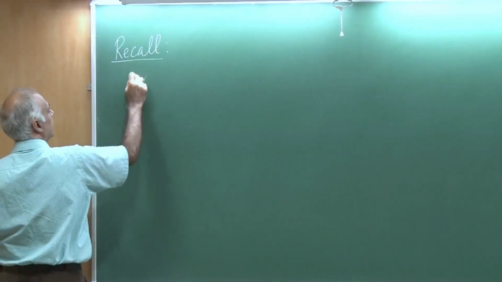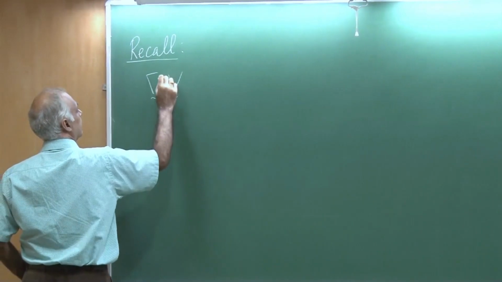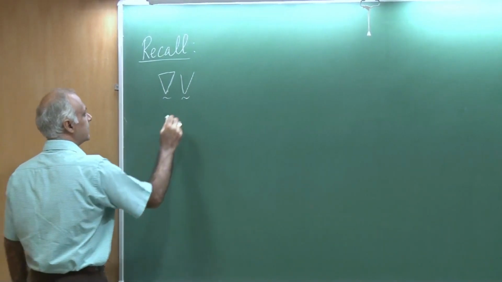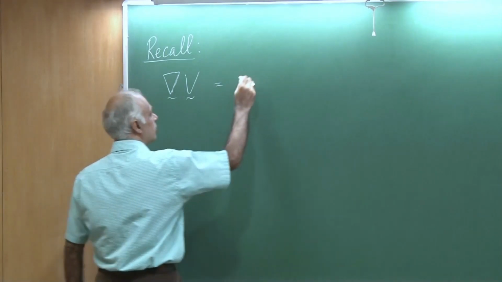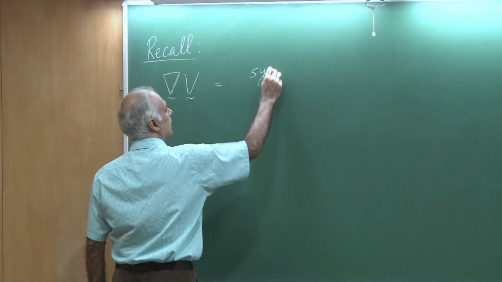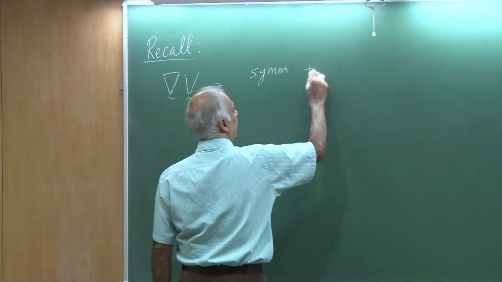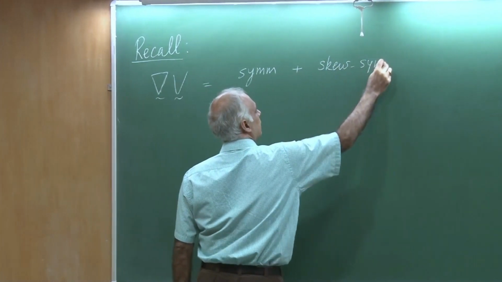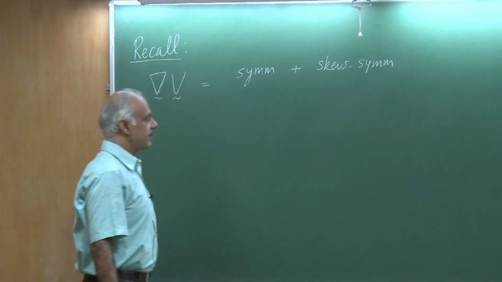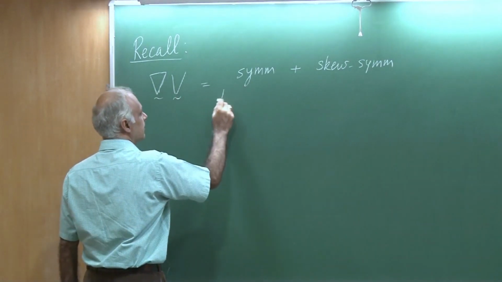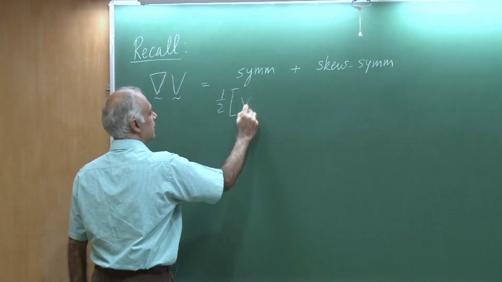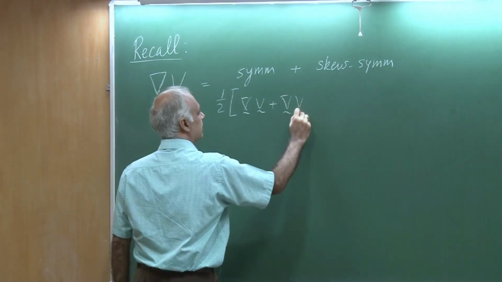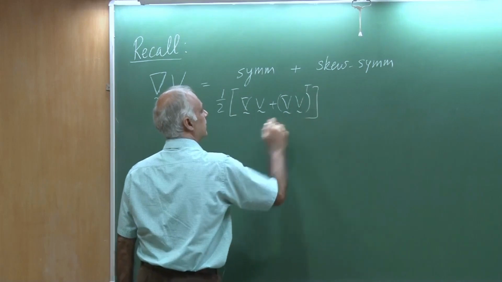So if I look at the gradient of V tensor, this I could split into a symmetric part and a skew symmetric part. And this, let me remind you, was simply half of gradient of V plus gradient of V transpose.